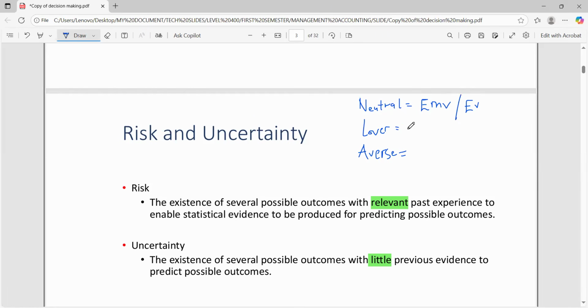Now, under risk lover, what did I say we use for the risk lover? Someone who loves risk. Yes, anyone attempting it? A risk lover? Hey, should I leave you here?